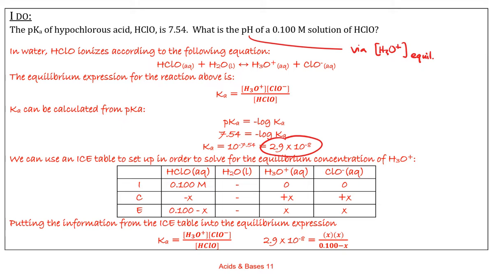Because before that, at the initial moment, we would say that there isn't any H3O yet. Before the acid begins to dissociate or ionize, there isn't any H3O yet, so it must be that this is the H3O at equilibrium. And when we want to evaluate or use one of the amounts that's present at equilibrium, it's probably going to be helpful to set it up as a rice table, and that's what we've done.